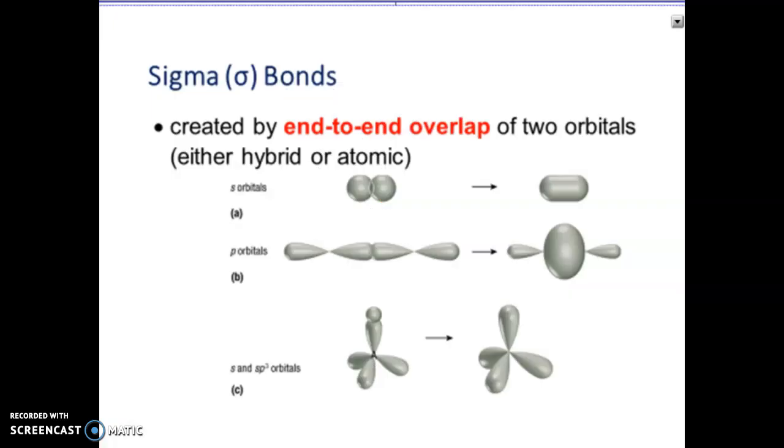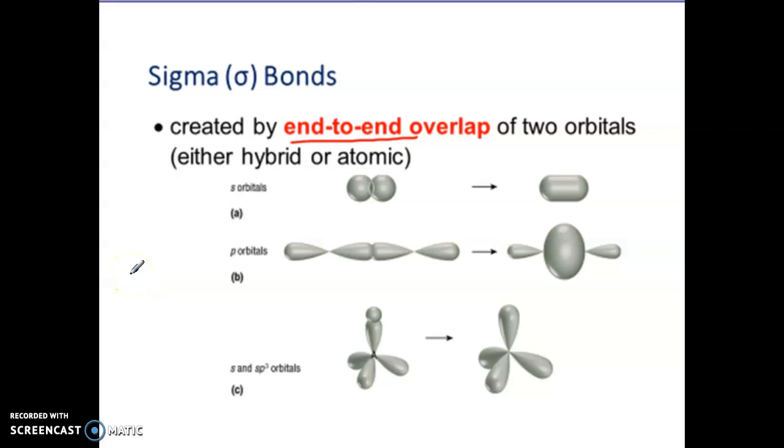So the last part to this lesson, so we've actually already talked about sigma bonds, but we'll look at it again, is we're going to look at what happens when you have a double bond or a triple bond. So let's recap. So sigma bonds are created where you have an overlap of two orbitals. So you can have a variety of overlaps, right?